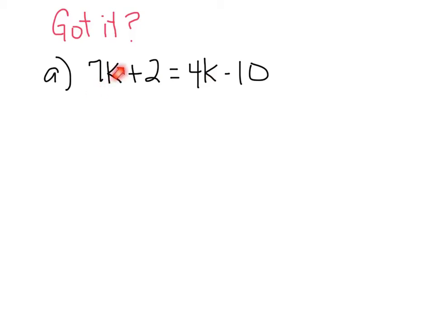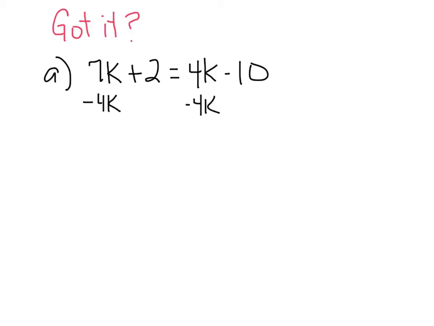I could take the 7k, move it over, and make it a negative 7k. I could take this 4k and move it over and it becomes a minus or a negative 4k. Whenever something crosses that equal sign, you have to use inverse operations. So in this problem, I'm going to move the 4k. The opposite of plus 4k is subtracting 4k.